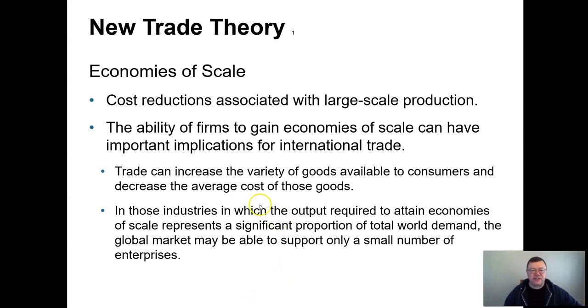It can also increase the variety of goods and services available to customers. And the fact is that with economies of scale, you may only be able to have a few producers. This is by a guy named Paul Krugman. You might have heard of him. He writes for the New York Times.